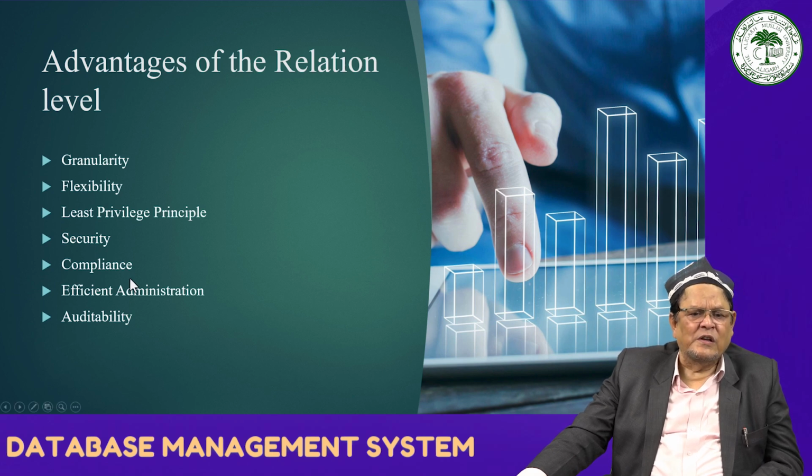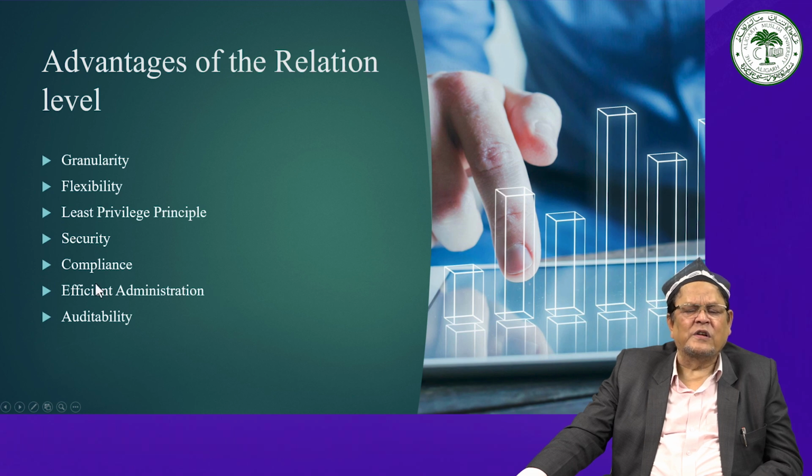Efficient administration: the administration will be very efficient, and he can give permission depending on the requirement of the users or account holders, read, write, whatever, efficiently. And auditability is there.